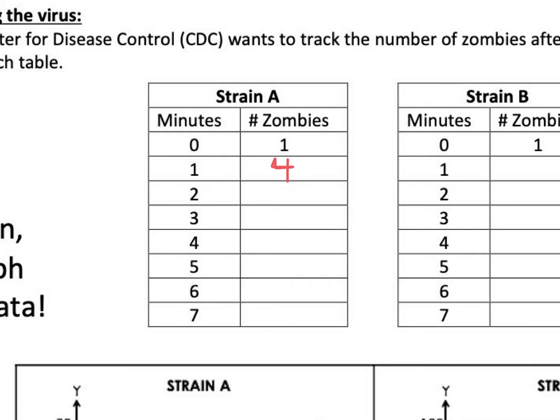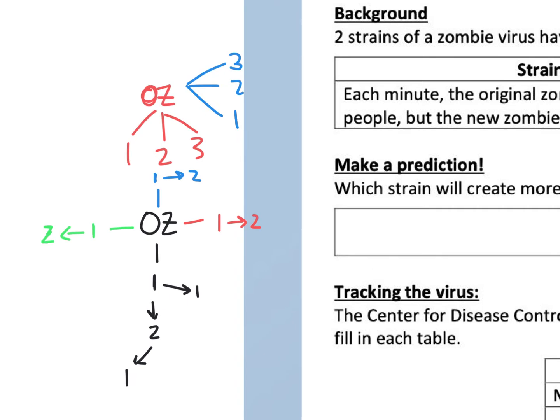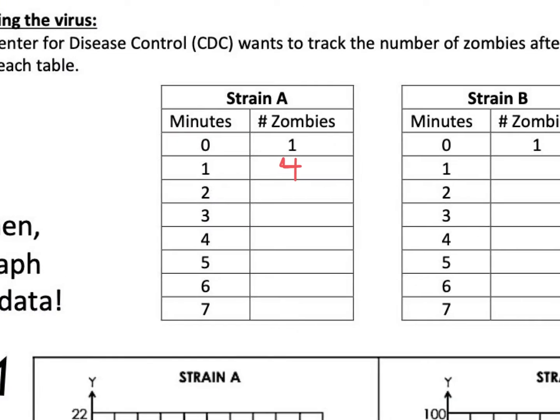And then after 2 minutes, that's going to be the red and the blue. How many do we have total on the red and the blue? 7. Okay, do you see a pattern happening, or would you like me to draw another picture? What do we see happening? We're adding that 3 each time, right?